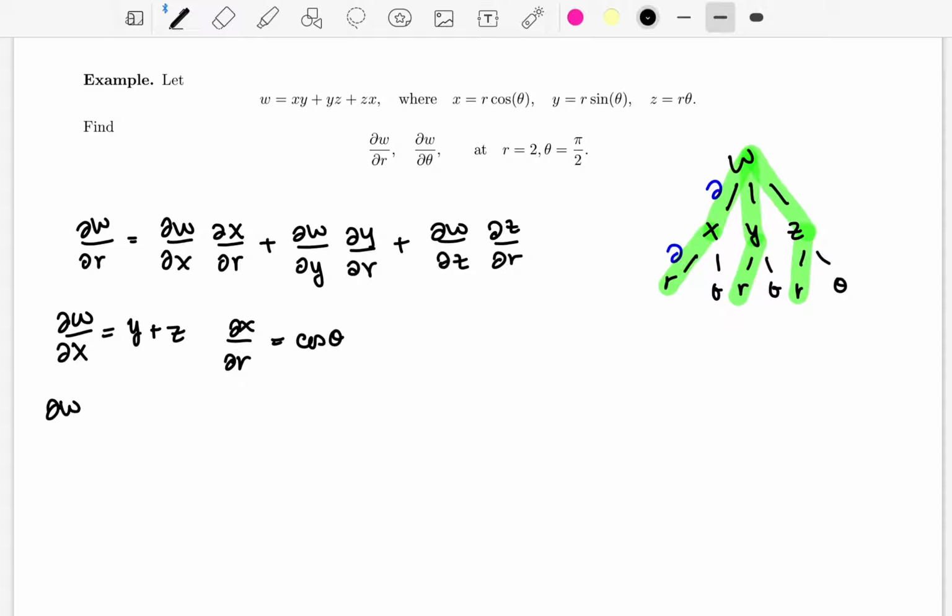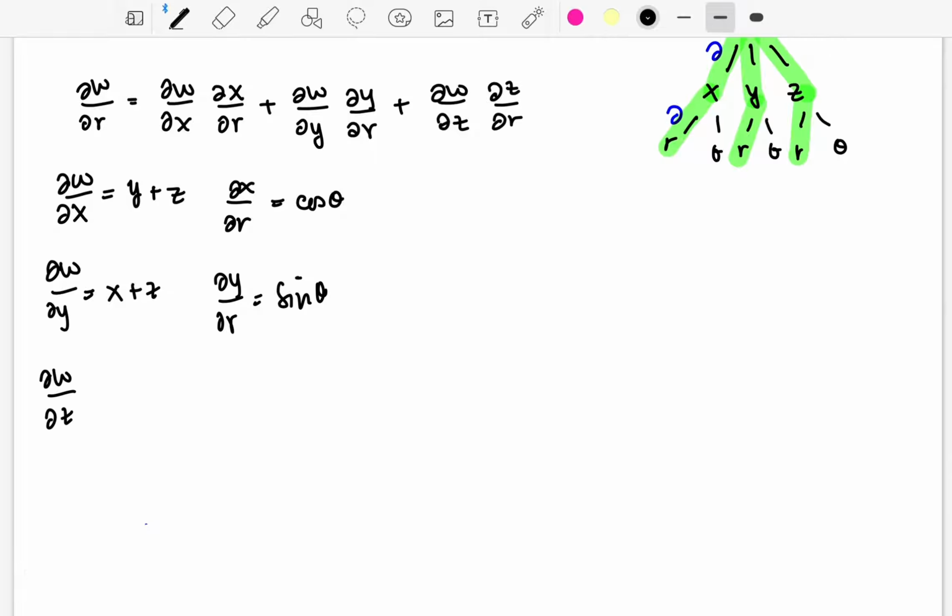And then dw/dy, I treat now x and z as constants, so I get x here, and then the derivative with respect to y here will be z, and then this goes away. And I take dy/dr, so I go here, and now I treat theta as a constant, so I get sine theta.